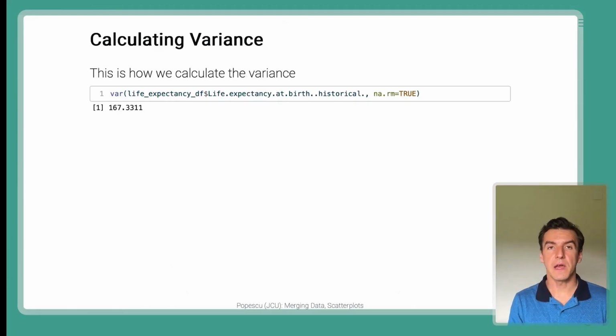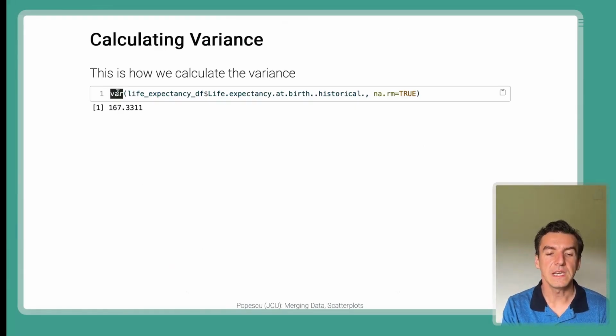To calculate the variance, we simply use this function, VAR. So VAR, the data frame, and then the variable within that data frame. And then do not forget about the na.rm equals TRUE. So that gives us this number.